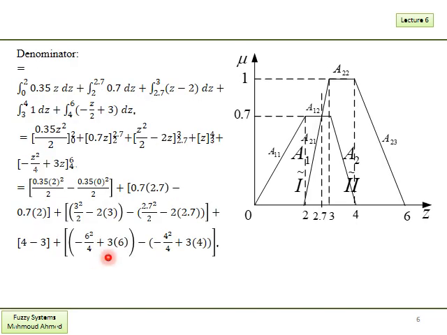For the numerator, we simply repeat the same step but without multiplying by z. So we put in the same way the limits of the integrator from 0 to 2 in the first straight line, and for the next straight line from 2 to 2.7, and for this straight line here from 2.7 to 3, and from 3 to 4, and from 4 to 6.